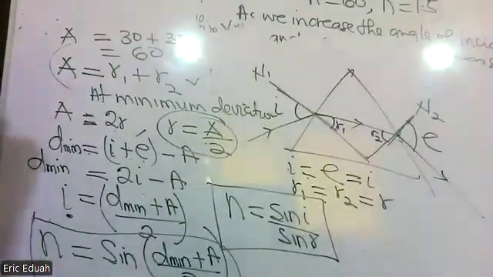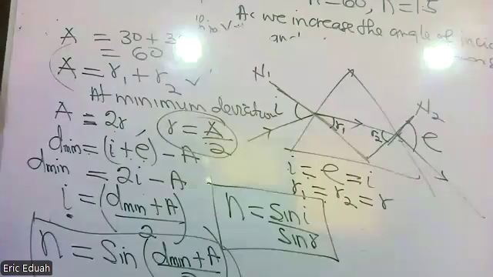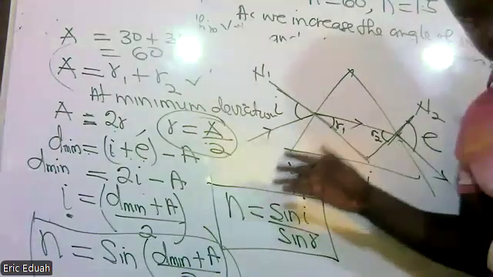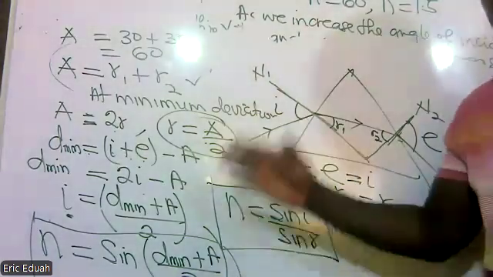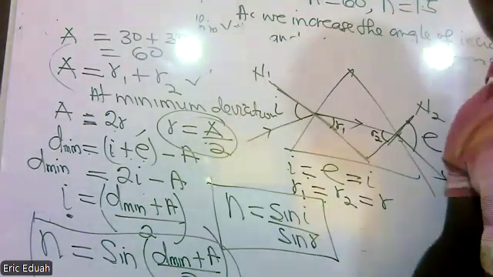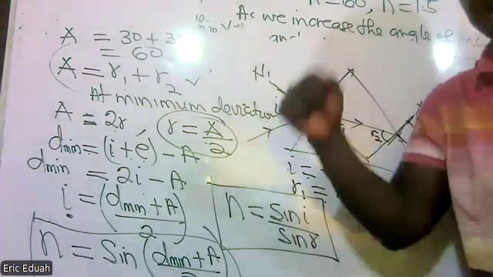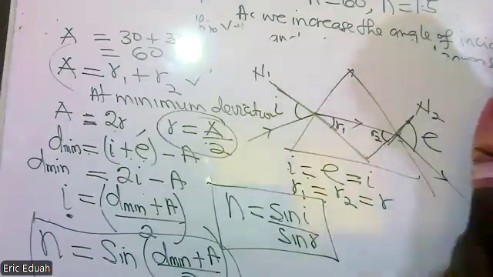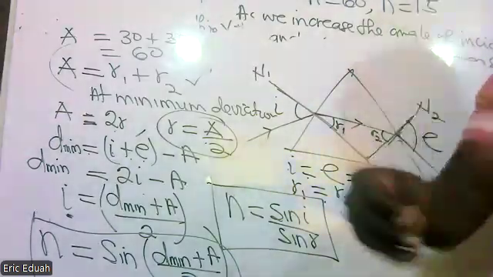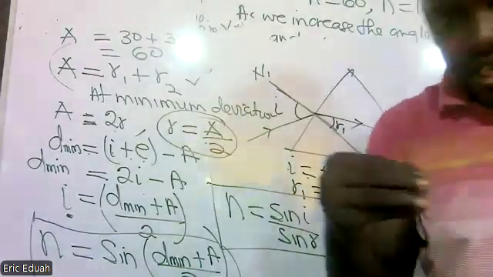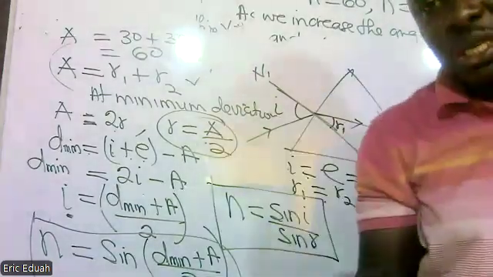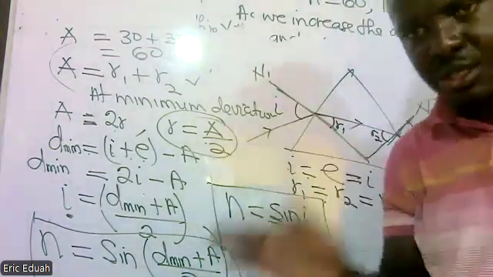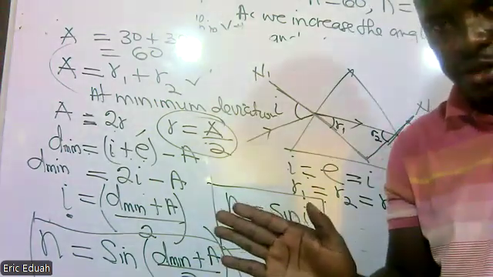Say, under a triangular prism, I is equal to E on conditions. The condition is that it is only at the minimum deviation that I is equal to E. So questions pertaining to this will be specific, whether the situation is at the minimum deviation or without minimum deviation.